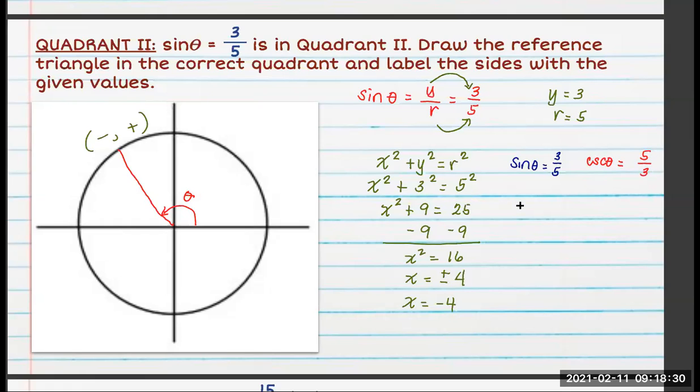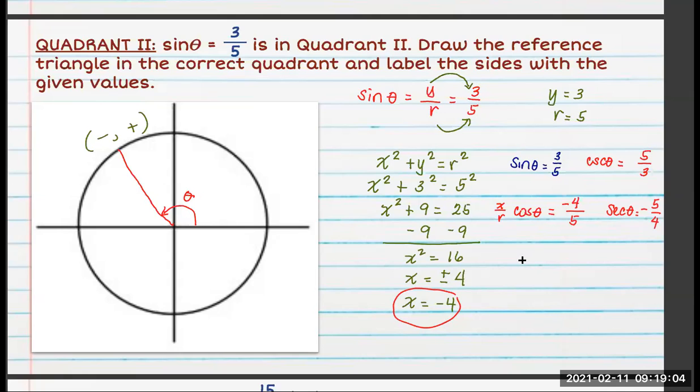Okay? And then you have cosine theta. Cosine theta is x over r, right? Your x is negative 4. So that's negative 4 over r. Our r is 5. And so therefore, your secant theta, which is the reciprocal of cosine, would be negative 5 over 4.